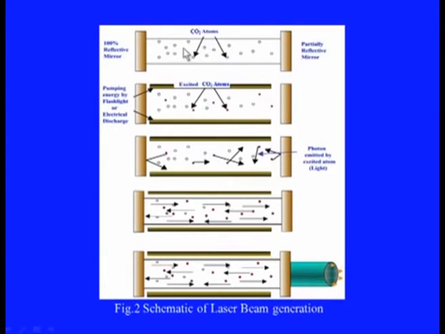Then there are several synthetic semiconducting materials which will be used as lasing material or lasing media. Generally, flash lamps will be used as the additional source of energy, which will pump in additional energy to excite the atoms inside the lasing medium.